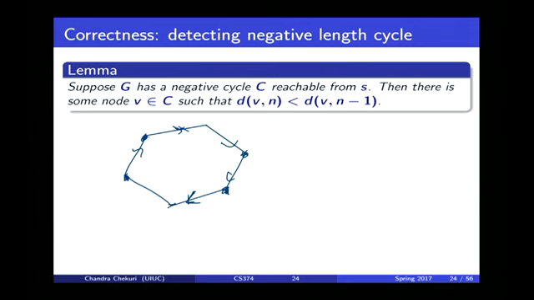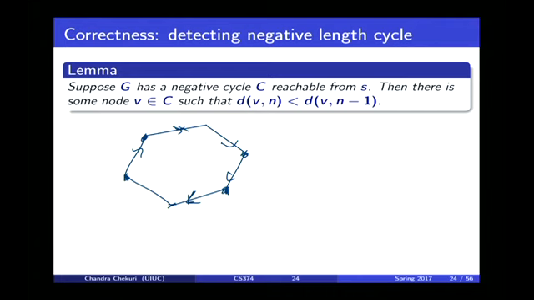So first observation is that because everybody is reachable from S, after n minus 1 iterations, everybody will have a finite value on them. I cannot have infinity on anybody. Because everybody is reachable from S, they will have some finite value. That's just a technicality.